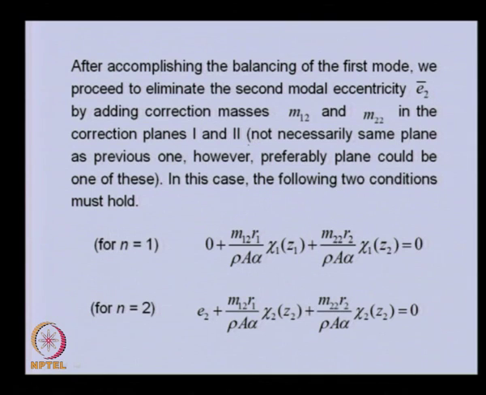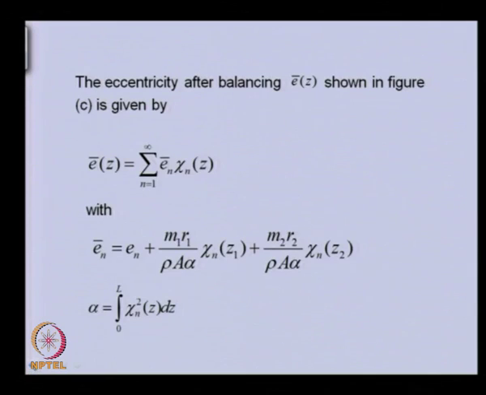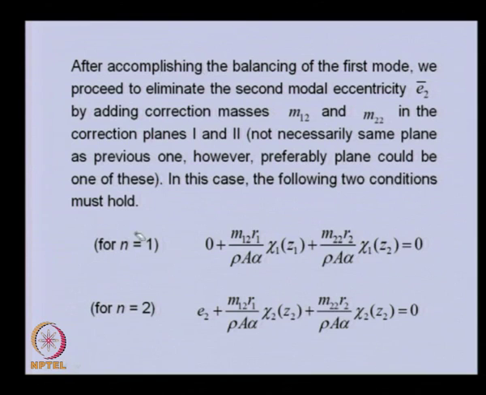Now we will be writing the same equation, the previous equation, for n equal to 1 and n equal to 2, because now we are keeping two masses. So, for n equal to 1, the same expression.